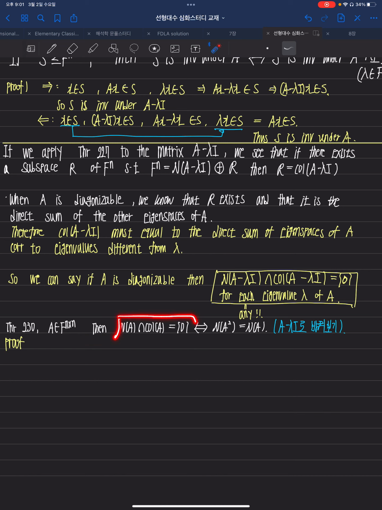These two statements are equivalent. If the intersection of the null space of A and the column space of A is the trivial space, then the null space of A squared is equal to the null space of A. Conversely, if the null space of A squared is equal to the null space of A, then the intersection of the null space of A and the column space of A is the trivial space.